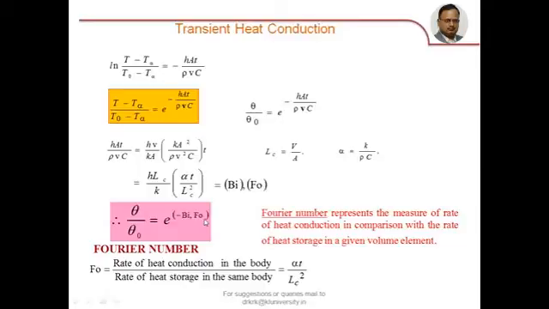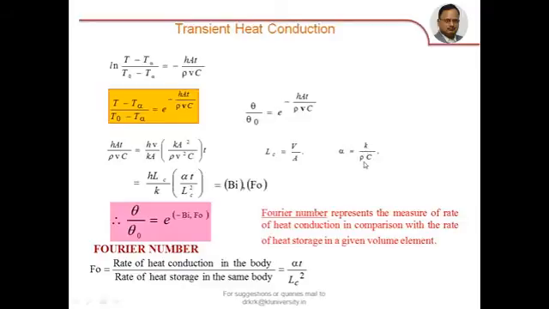So in unsteady state discussion, the temperature variation with reference to time or position can be expressed in terms of a Biot number and Fourier number. And what is this Fourier number? Alpha t by LC square. Alpha represents thermal diffusivity. So the Fourier number is defined as rate of heat conduction in the body to that of rate of heat storage in the same body.